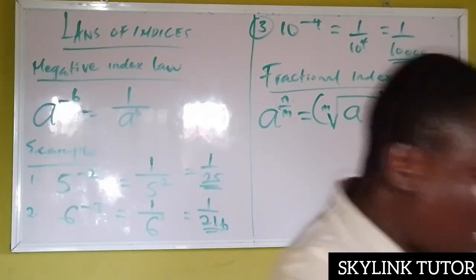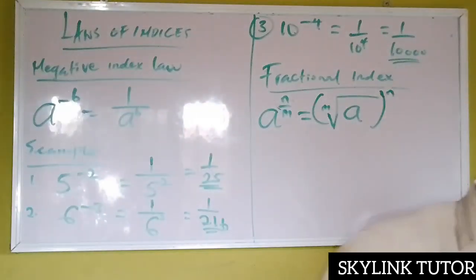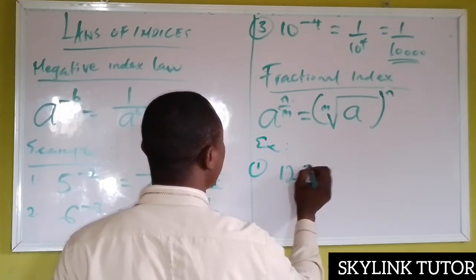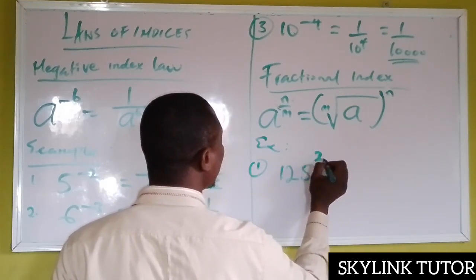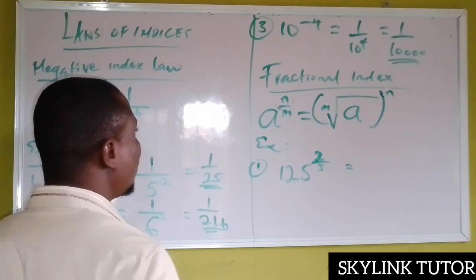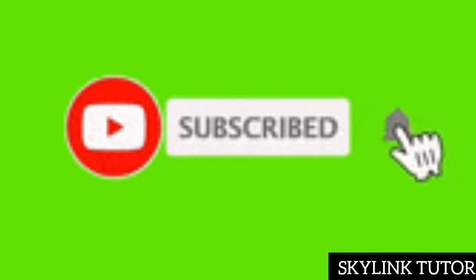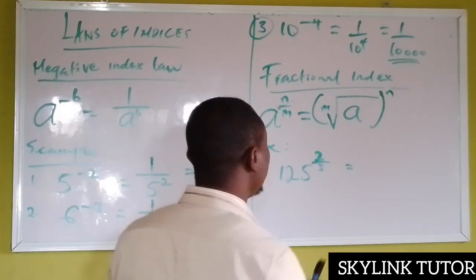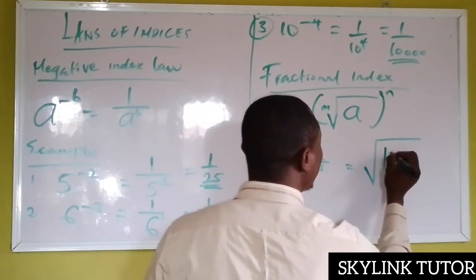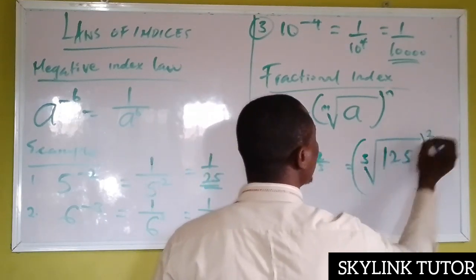So, let's take a series of examples. Sometimes you might be given a question that looks this way: 125 raised to power 2 over 3. What you are going to do here is write your root sign, put your 125 inside that, put your 3 outside, put your 2 up.